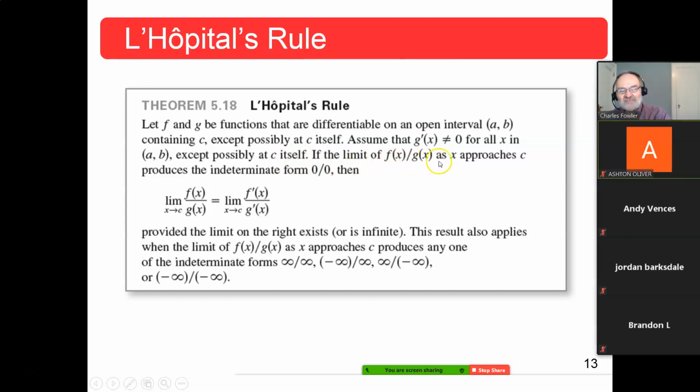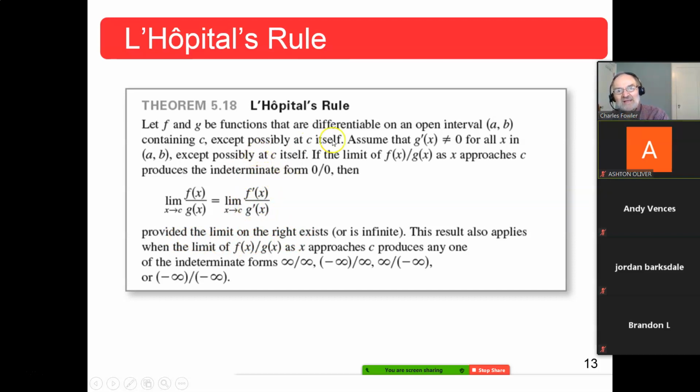If the limit of f of x over g of x as x approaches C produces an indeterminate form, 0 over 0, or one of the others we'll talk about in a minute, then here's what L'Hopital's rule says. Take the derivative of the numerator and the denominator and evaluate the limit at the same place of those derivatives, provided the limit exists.